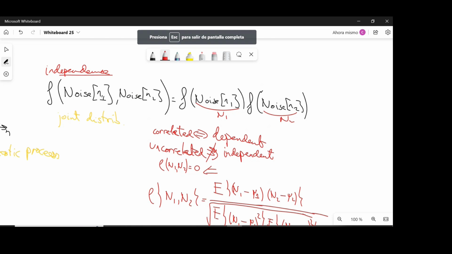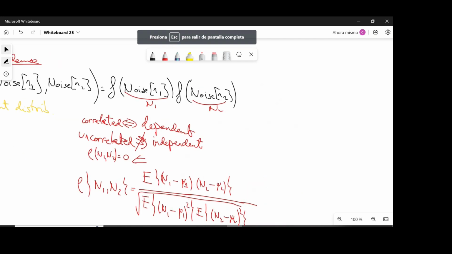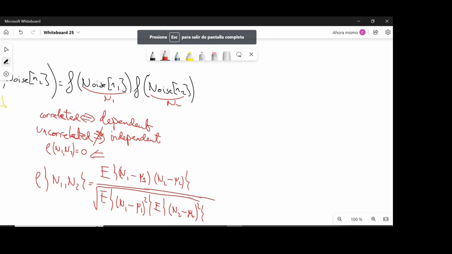In the other direction, for instance, you can have distributions. Let's say that we have a couple of random variables, n1 and n2, and they're distributed like this. You have values around the circle. This is where the samples are. Aren't those two variables independent? They are not.